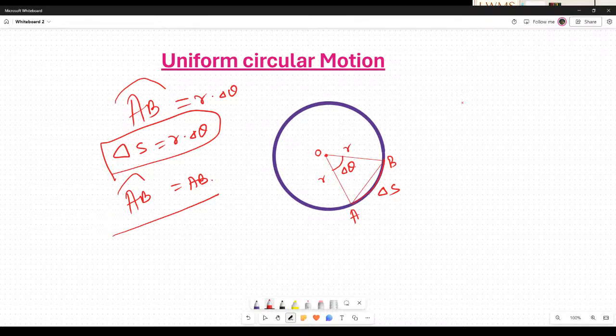We can, if those 2 points are very close. If they are very close, then chord AB and arc AB are equal. Otherwise, there is a difference. So, when a particle goes from A to B in a circular path, we can say that displacement is AB, but distance is travelled along the circumference, which is given by this relation R into delta theta. Clear?